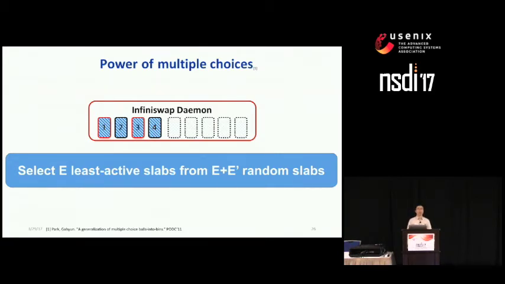After we get their swap activity information, we do the eviction on the E least active ones. In this example, if we want to evict one slab, we randomly pick two of them, the first and the third one. After we get their swap activity information, we evict the one with fewer swap activities.